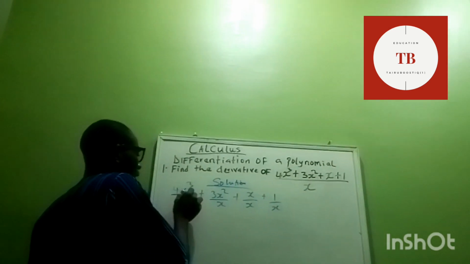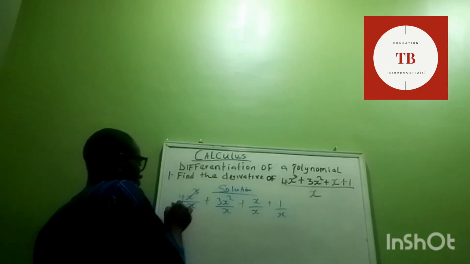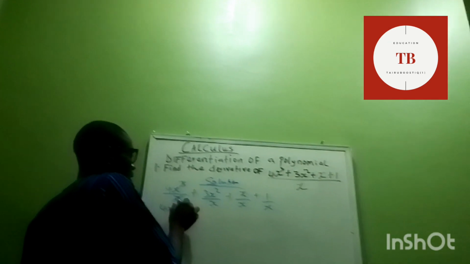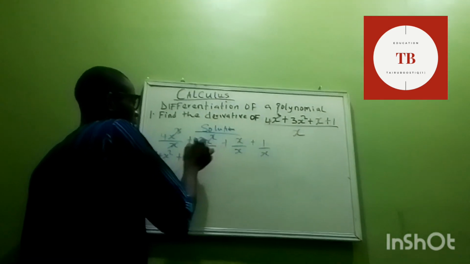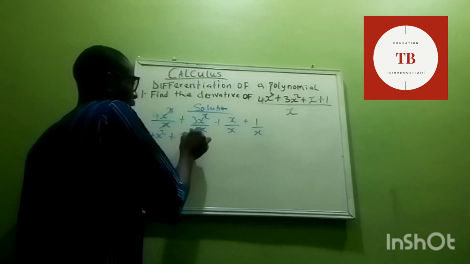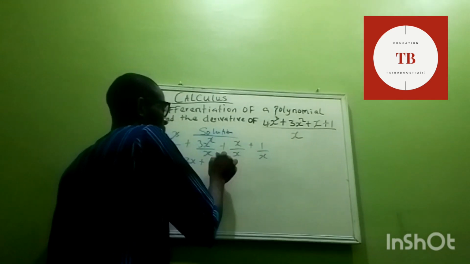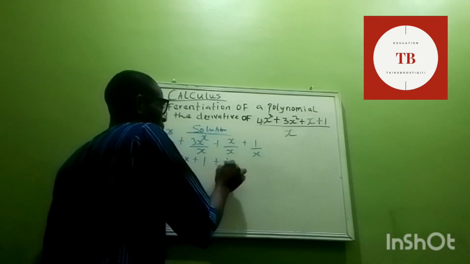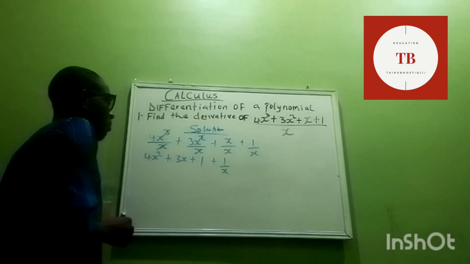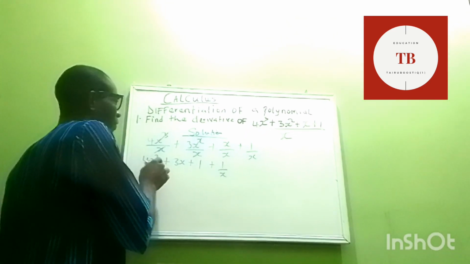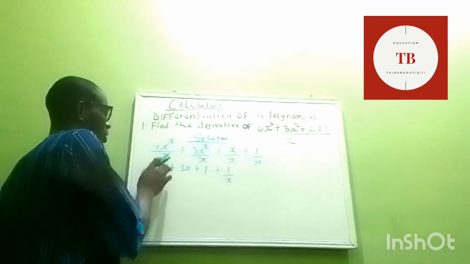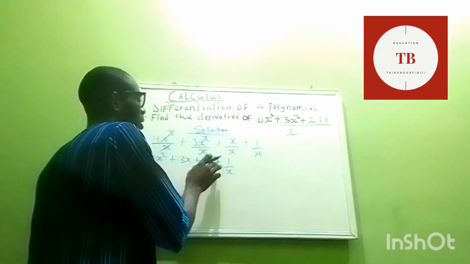So then we are going to have 4x squared plus 3x here, plus 1, because x divided by x is 1, then plus 1 all over x. Now from here we can find the derivative of 4x squared plus 3x plus 1 plus 1 all over x.